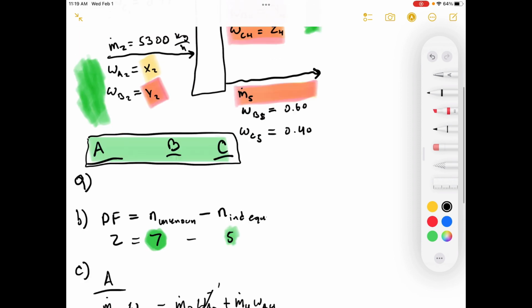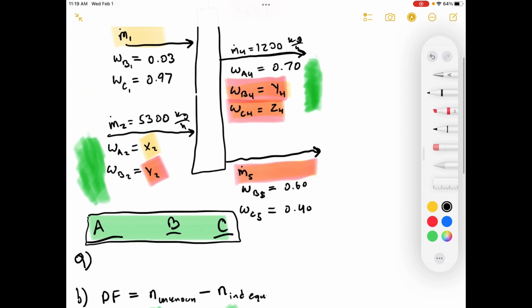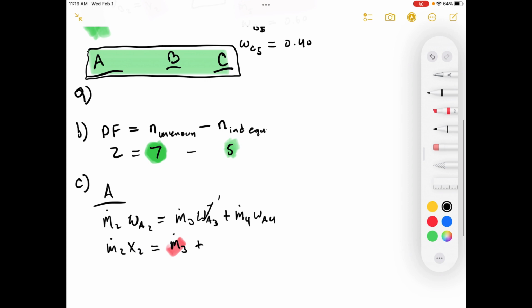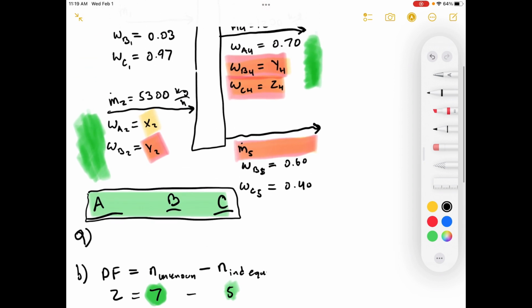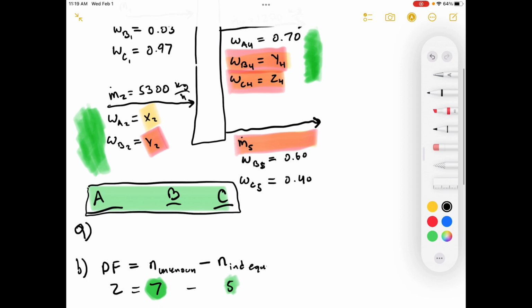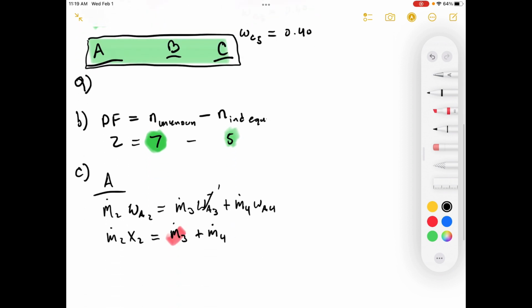Plus M4 is known, so we'll just leave that, M4, plus WA4, that is also known. So we'll just leave that as that. Okay, so the only unknown in this balance is M3. So we know what M3 is, okay?